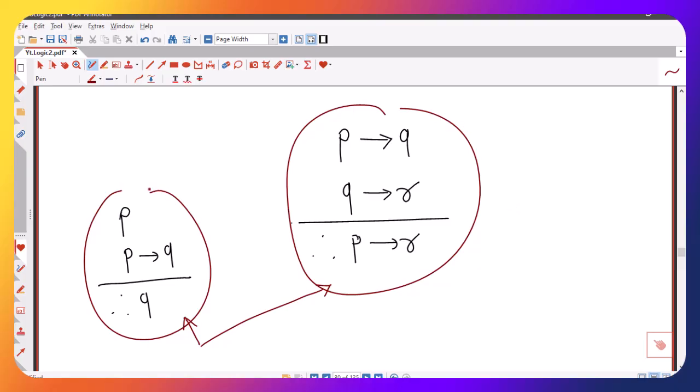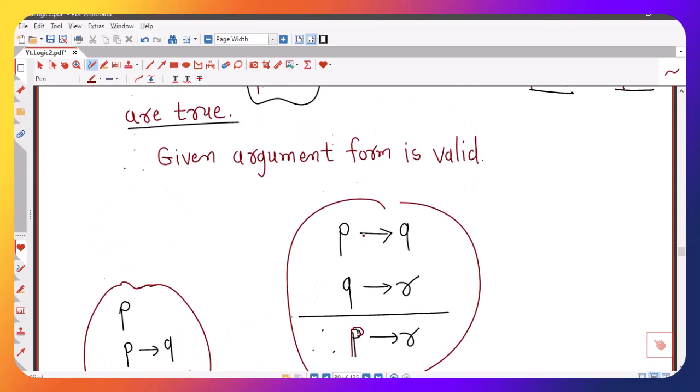All we have to remember is these two rules of inferences. So we have similar other rules of inferences for propositional logic, and we will continue with these rules of inferences in upcoming lectures.